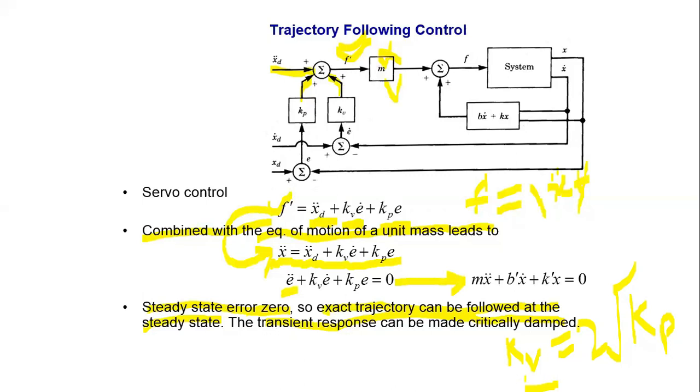From where did I get kv equal to 2 root kp? Because we know that b dash is equal to 2 root m k dash, and b dash is equal to b plus kv, so b is 0. So b dash will be equal to kv, which is equal to 2 under root m, where m is equal to 1, and k dash is equal to k plus kp, because k is 0. So here we will get kp.